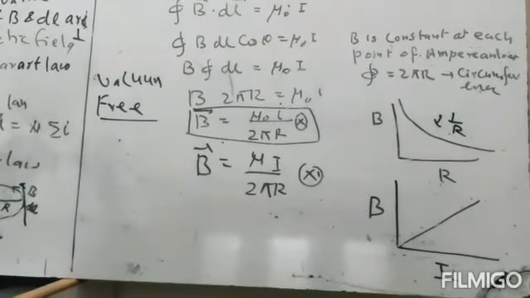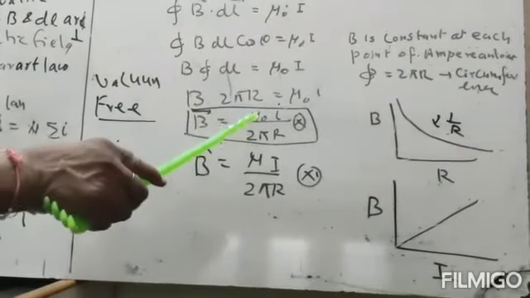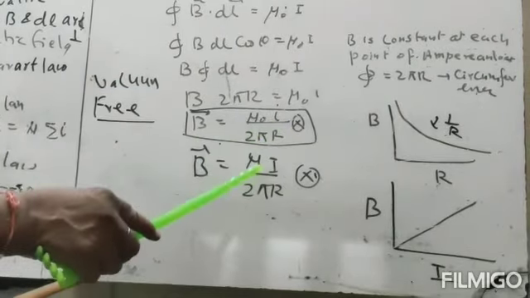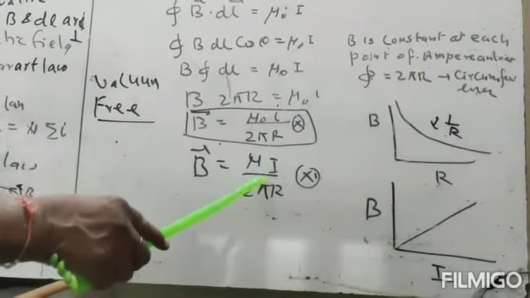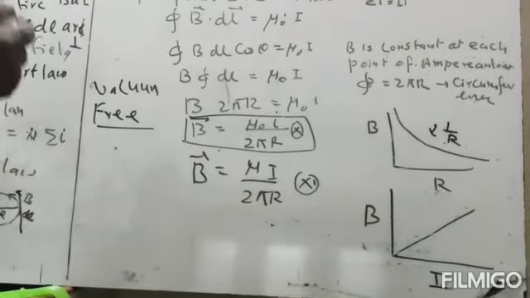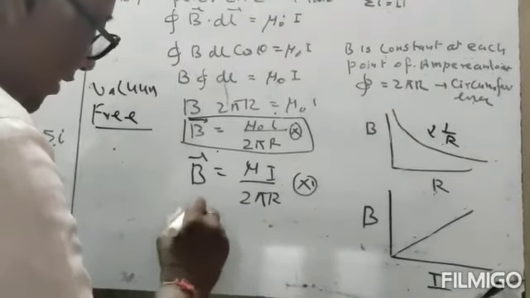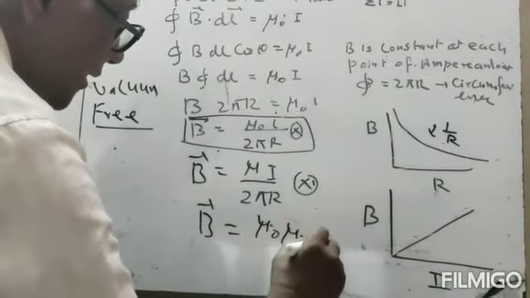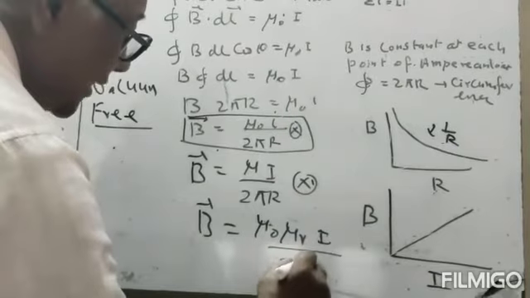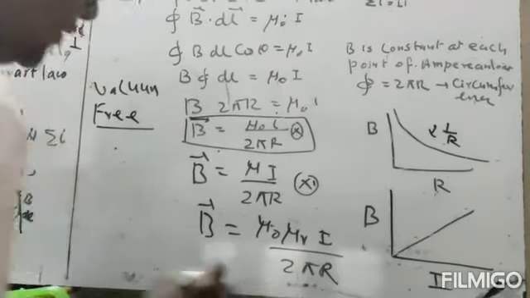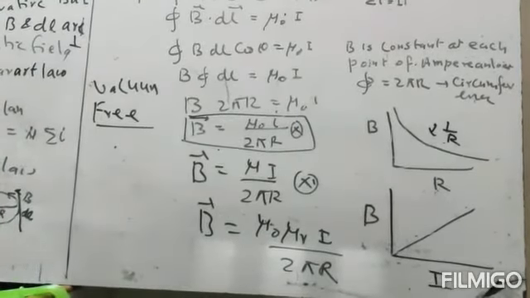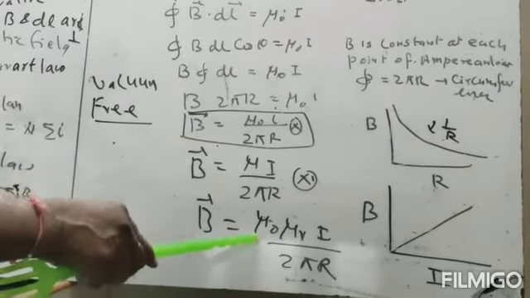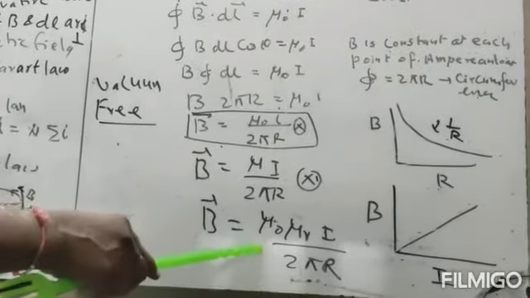So instead of the permeability of free space, here we will put the permeability of that medium. We can also write B equal to mu0 into mu R into I divided by 2 pi R, where mu R is the relative permeability and mu0 is the permeability of free space or vacuum.